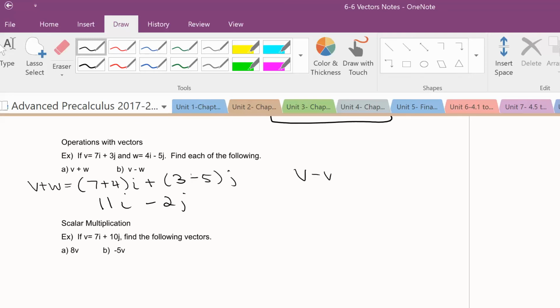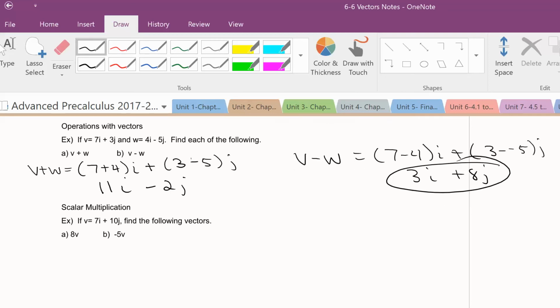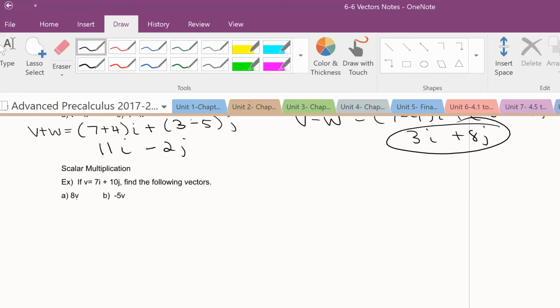Whereas v minus w, I'll do the same thing, except now I subtract the a's. So I go 7 minus 4 i plus 3 minus negative 5 j. So I have 3i plus 8j. All right, I can also multiply a vector by a scalar. A scalar is just a regular number.